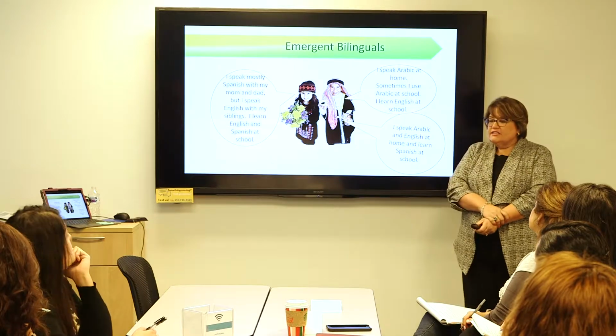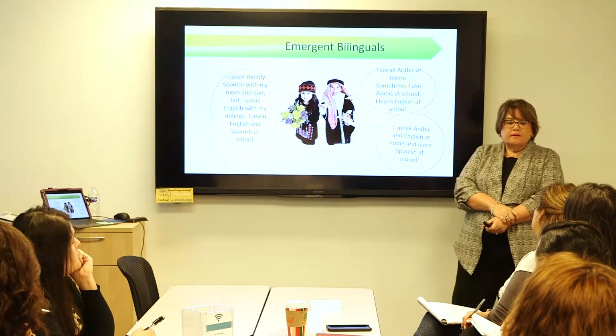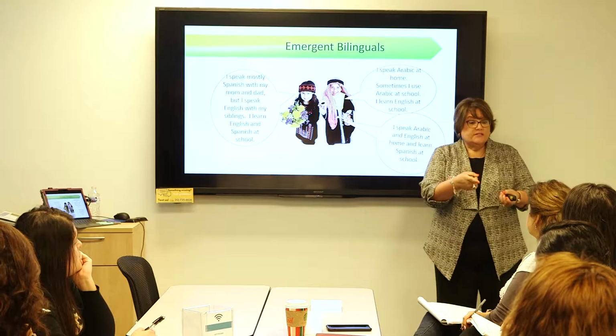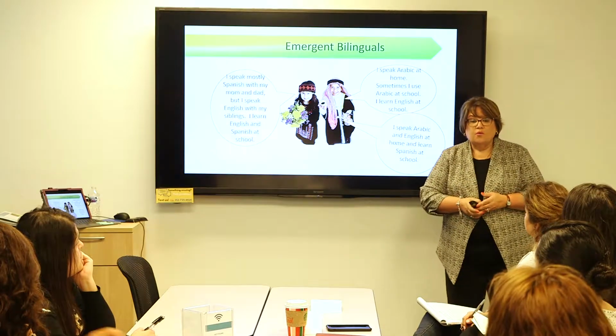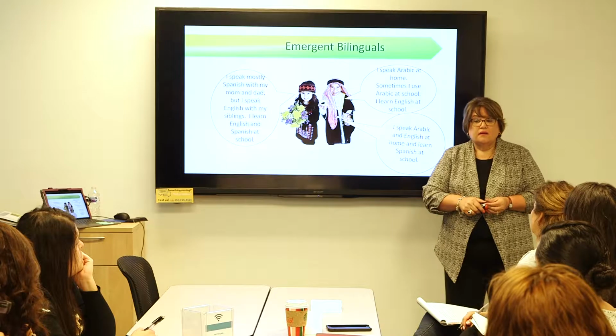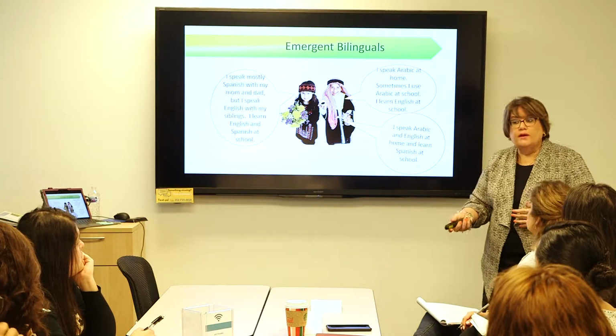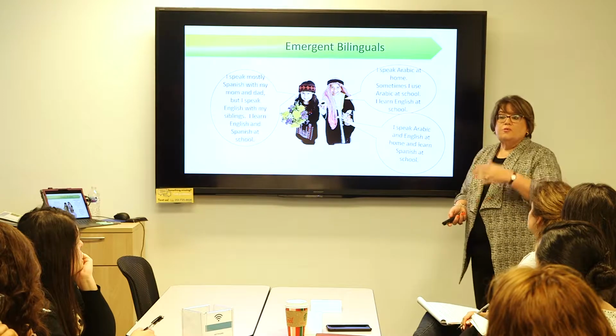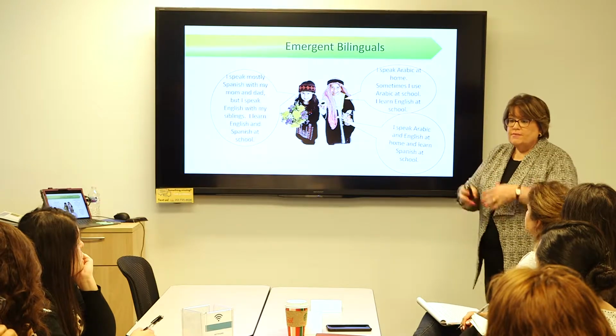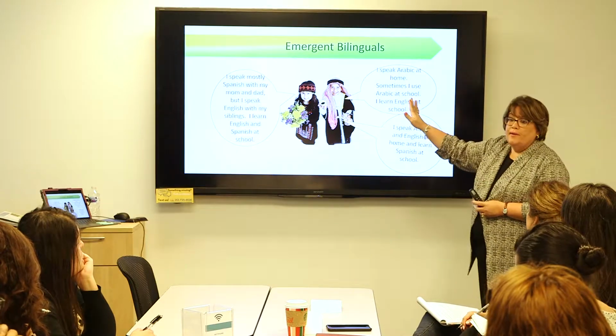I learn English and Spanish at school. She could be in a transitional bilingual program. What else? Could she be in a dual language program? She could be in a one-way, she could be in a two-way dual language program, she could be in a late exit maintenance program. She can be serviced in many ways. And she's an emergent bilingual, correct?